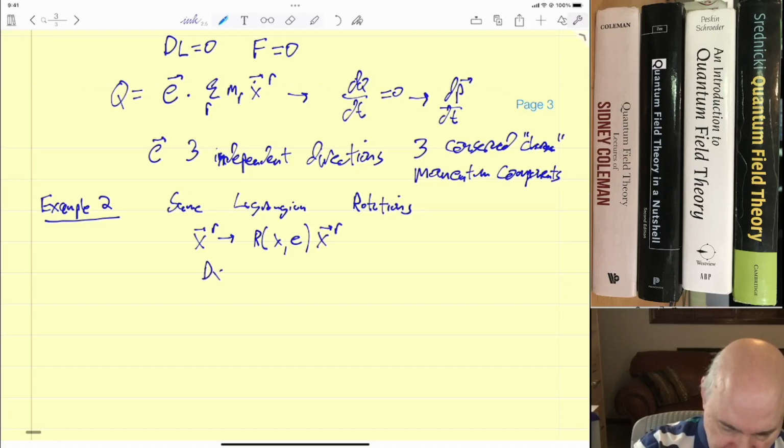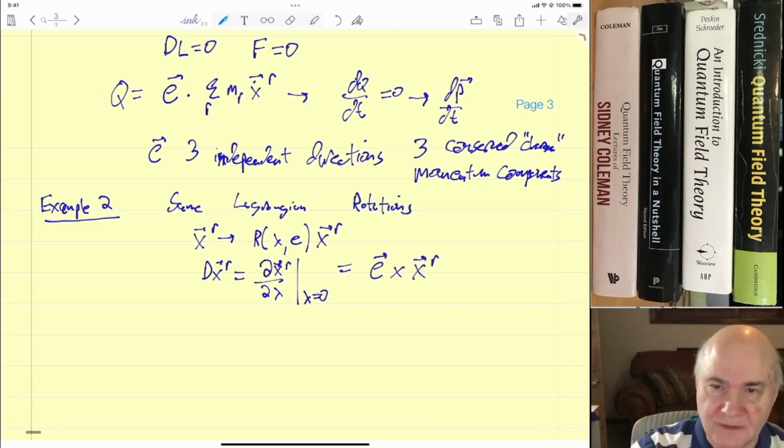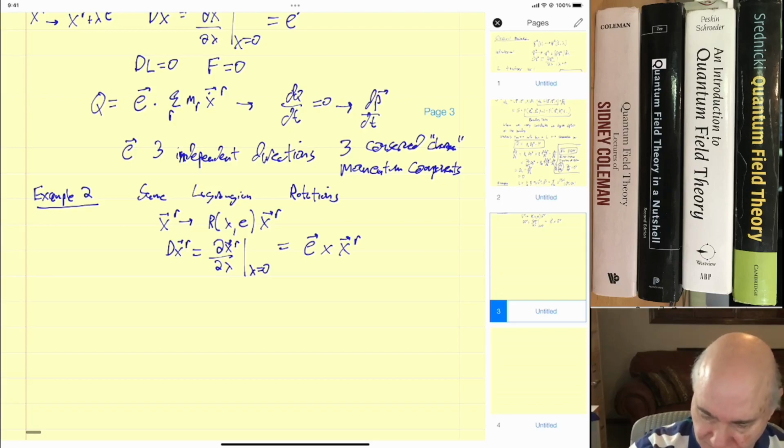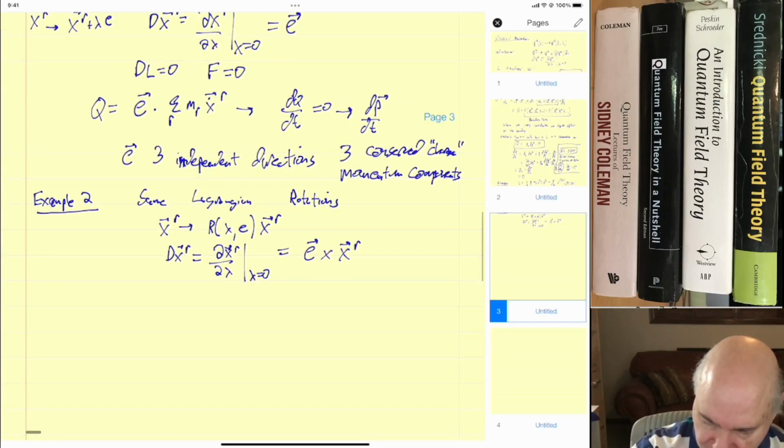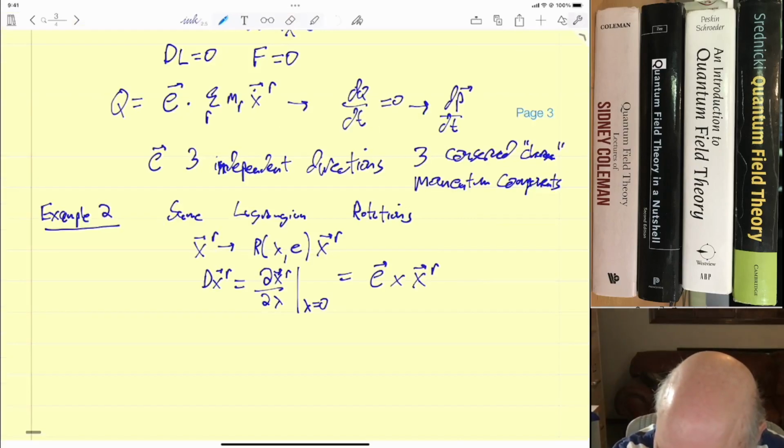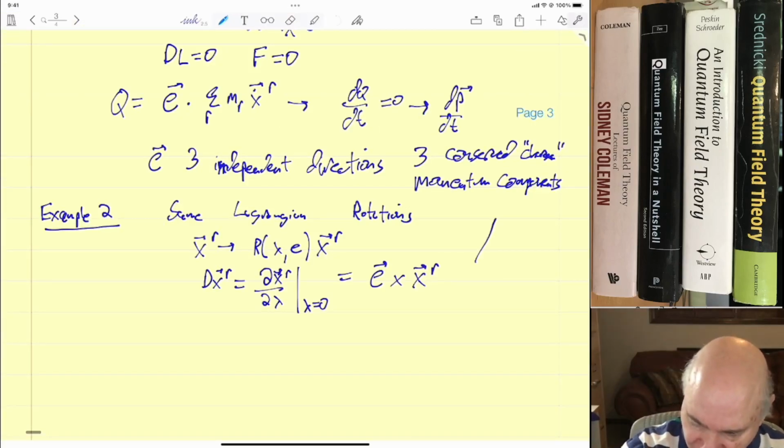And if we wanted to do the infinitesimal version, we calculate dx_r, the derivative with respect to lambda evaluated at lambda equals 0. And this is well known to be e cross x_r. So if you're rotating something around an axis e by an angle lambda, and you take the vector e cross the displacement, that gives you the change in the vectors.